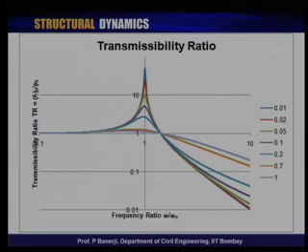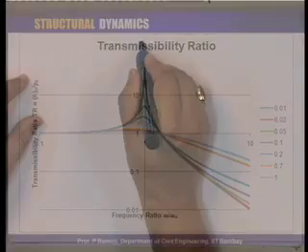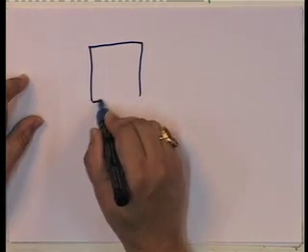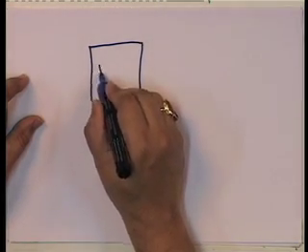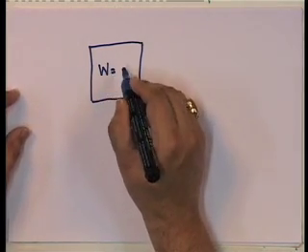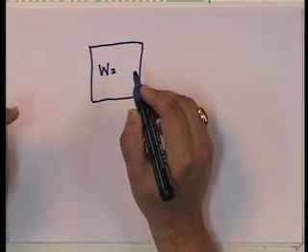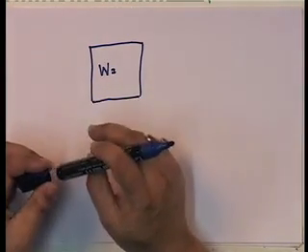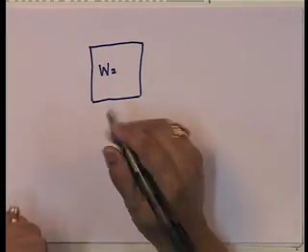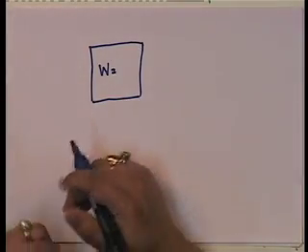Let me take a particular problem that I have. I have machinery whose weight is, note that typically we say weight is 2 tons. It is wrong, because weight is a force, and in SI units force is always kilonewtons.